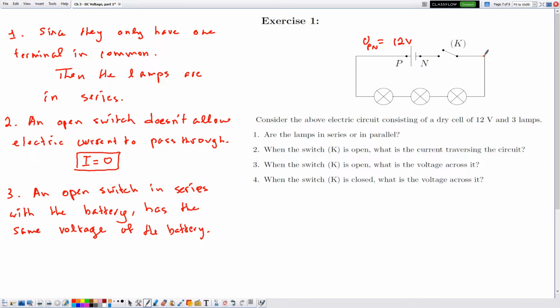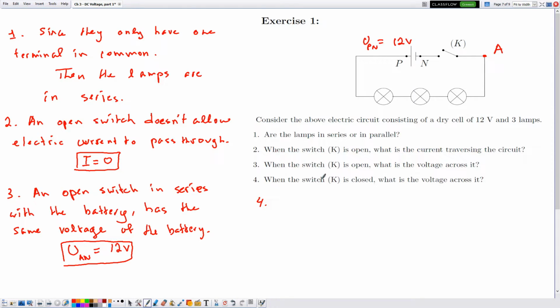Let's give this point to be, for example, A. Then in this case UAN, which is the voltage across the open switch, is given by 12 volts, which is the same as the voltage of the battery.